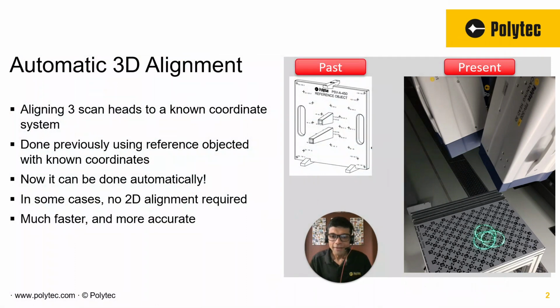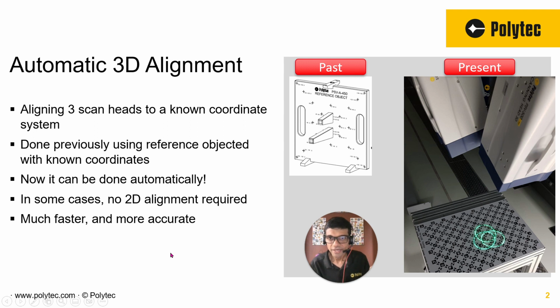I want to spend some time and see how powerful the automatic 3D alignment now is. Some of you may recognize this object on the top left here. This was our precisely designed alignment object that shipped with the system. So that's how it was done back then. And this is now a picture of where we just hit a button.